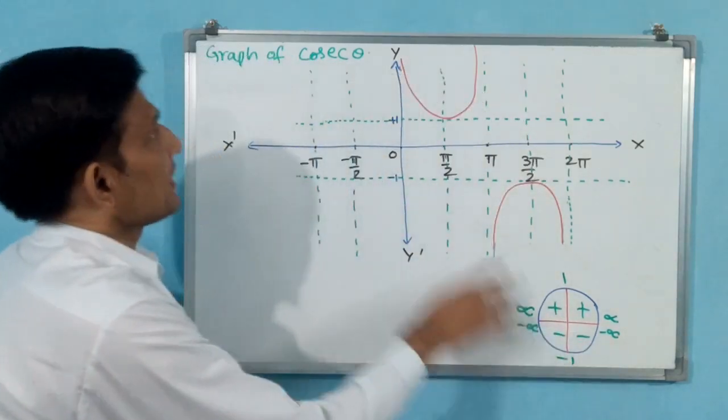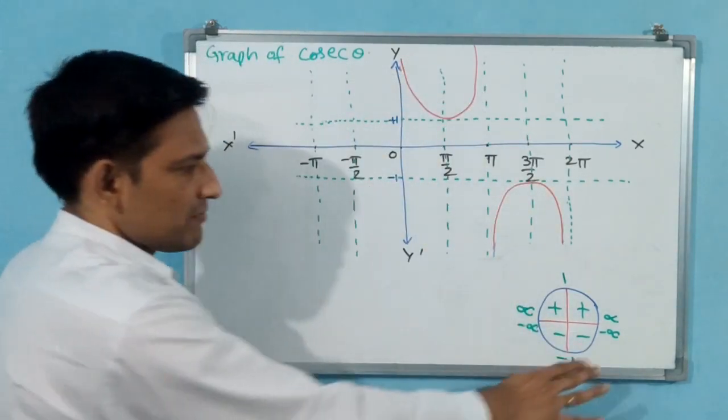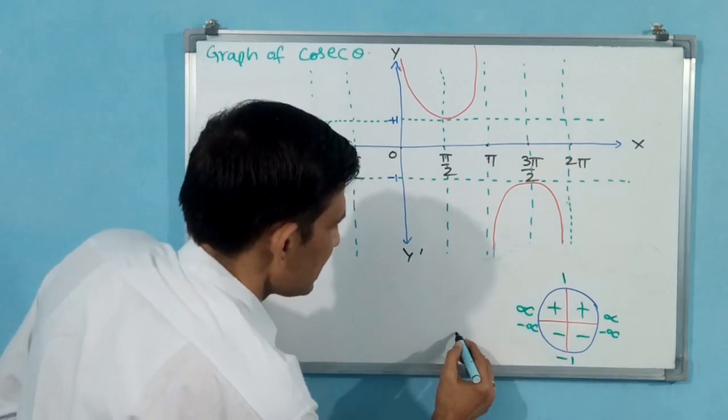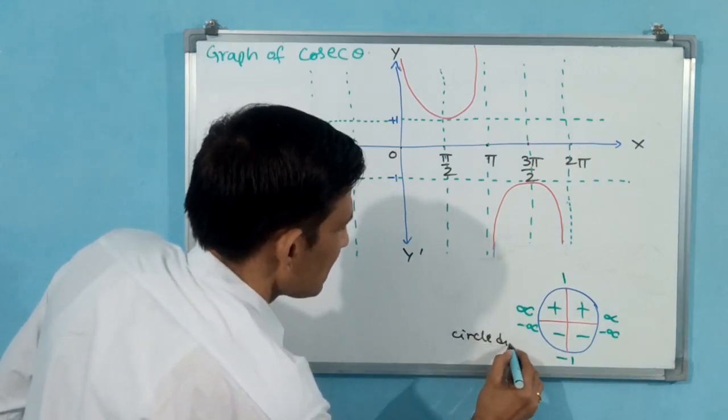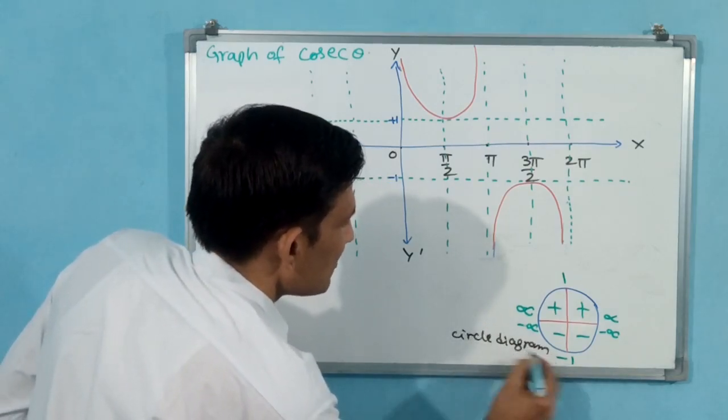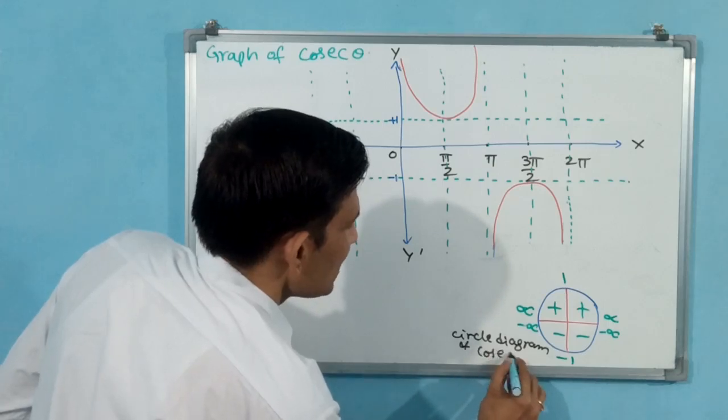Okay. See, this is the circle diagram of cosecant theta. We know, that is why I have removed it, or else I will write like this: circle diagram of cosecant theta.